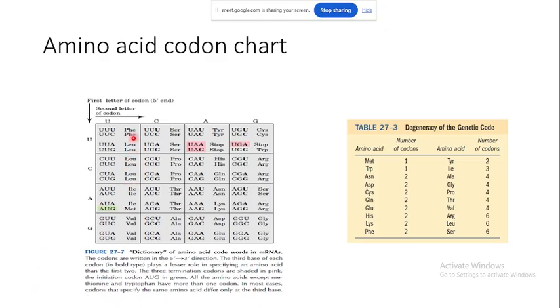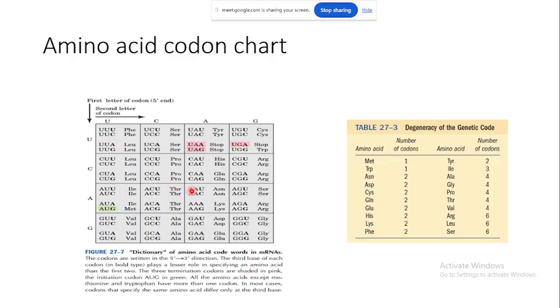For leucine, there are 6 codons: UUA, UUG, CUU, CUC, CUA, and CUG. So you can see that for some amino acids multiple codons are possible, which can code for the same amino acid. For example, for leucine there are 6 possible codons.